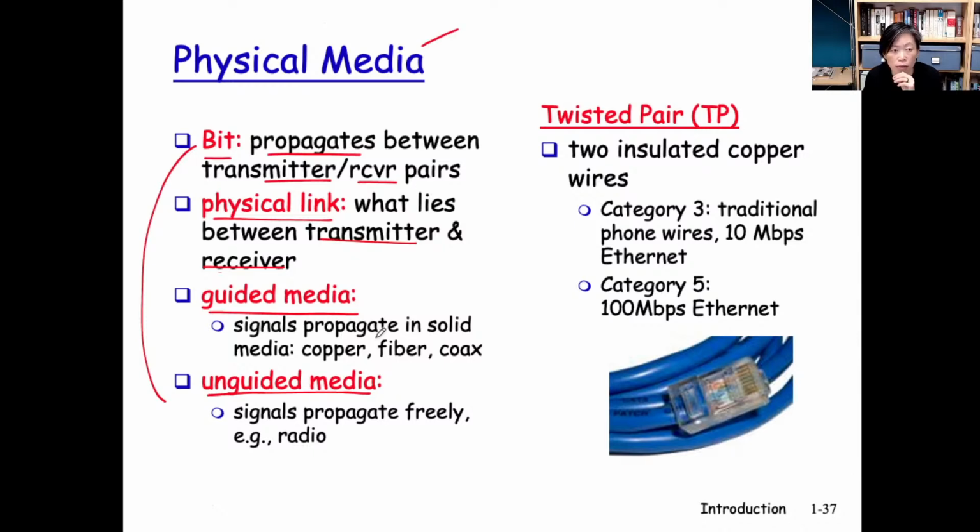Now, there are 4 kinds of physical media we'll be talking about. First is twisted pair, and this is one of the commonly used cables for Ethernet. Cat5 is very old for Ethernet, that's 10 years ago. Nowadays, I think we're still using a lot of Cat5 cables, which support up to 100 megabits per second and might be reasonably okay for 1 gigabit Ethernet.